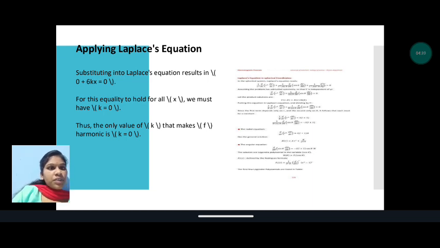Substituting into the Laplace equation results in 6x plus 6kx equals 0. For this equality to hold for all x, we must have k = 0. Thus, the only value of k that makes f harmonic is k = 0.